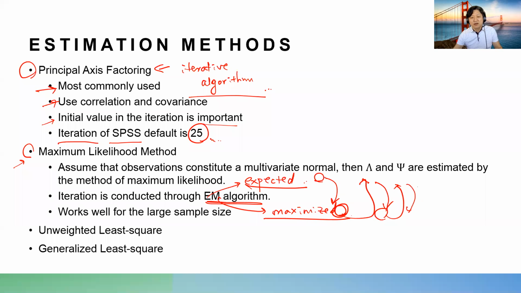If we have only a negligible difference between these two processes, then we stop. It works for large sample sizes. Maximum likelihood estimation is also very commonly used for factor analysis. And then unweighted least squares, generalized least squares, I never used them, but we do have a couple of different options. Mostly we use these two methods.